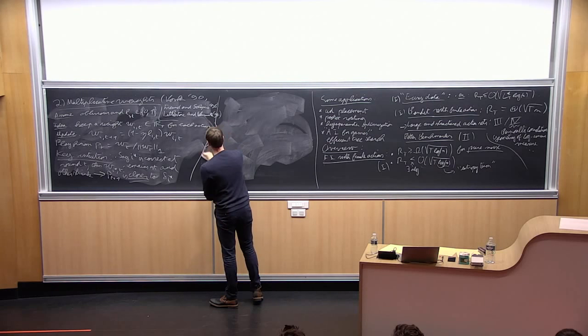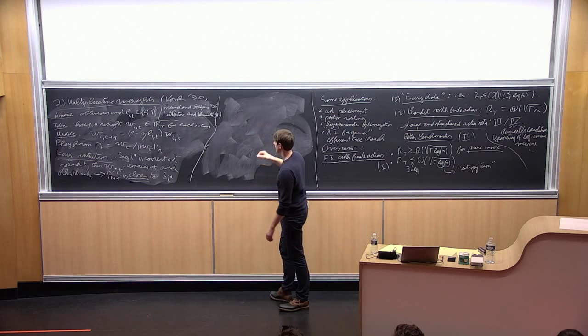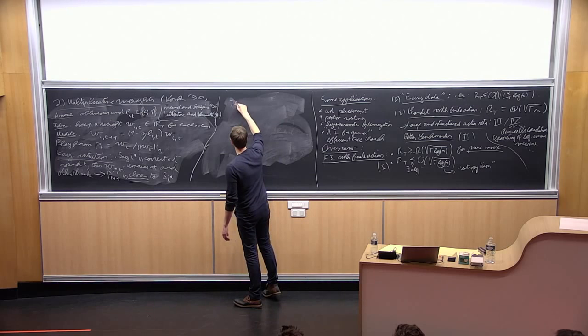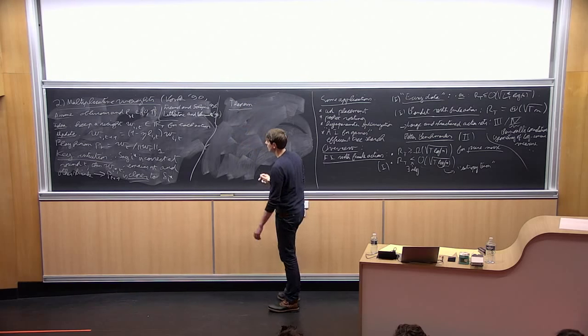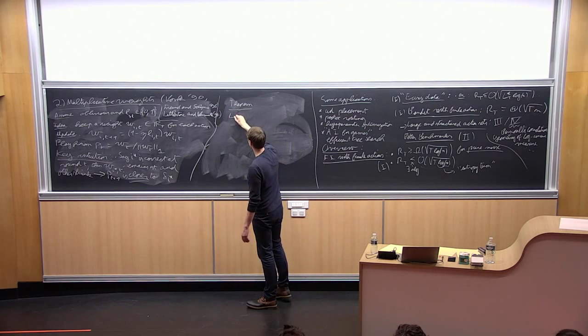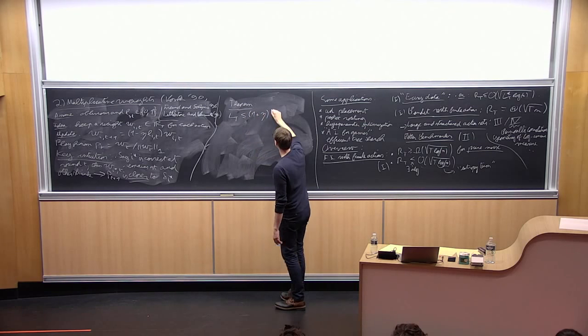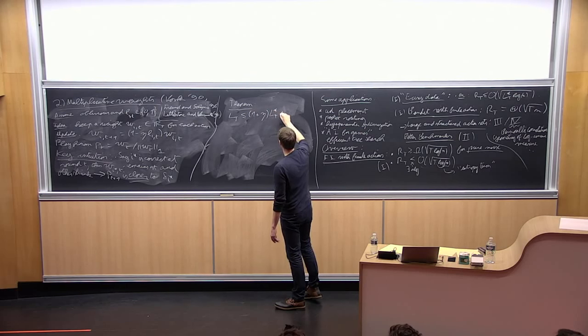And the theorem that we're going to prove is the following. If I look at my loss, then this is going to be bounded by 1 plus eta times the loss of the optimum plus log n over eta.